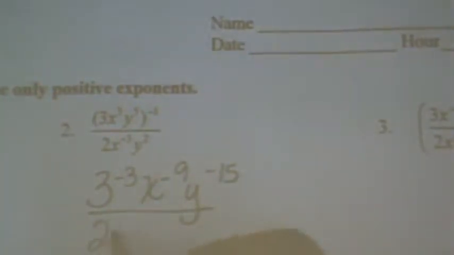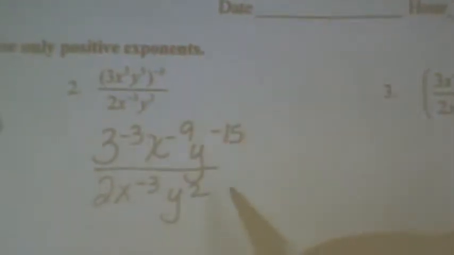Number 2, you're going to distribute the -3 exponents. So you have 3 to the -3, x to the -9, y to the -15. You multiply those. Then over 2x to the -3, y squared. Now what I'd like to do is move every negative exponent to make it positive.